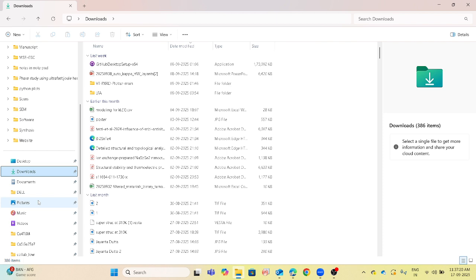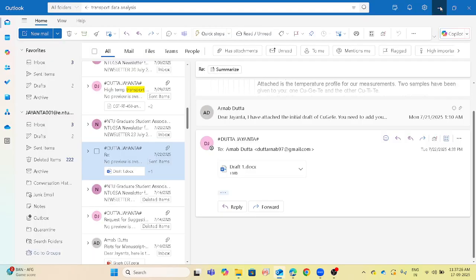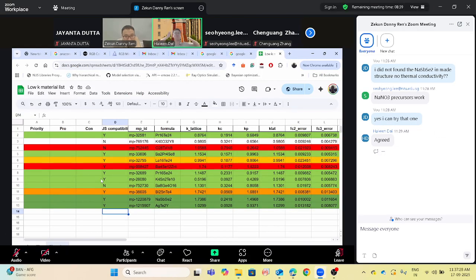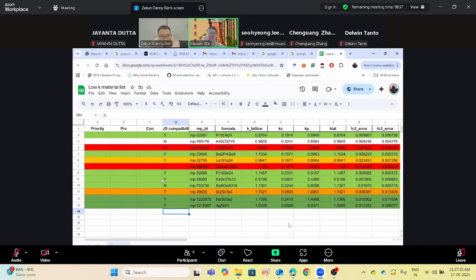So this is the question to Chengguang and Janta. How do you actually decide the compound you want to go with among all the chalcogenides? Because you can see they're all chalcogenides. What's your criteria?